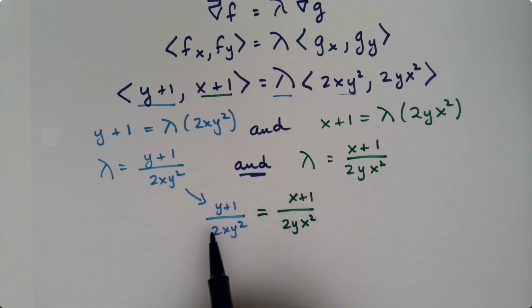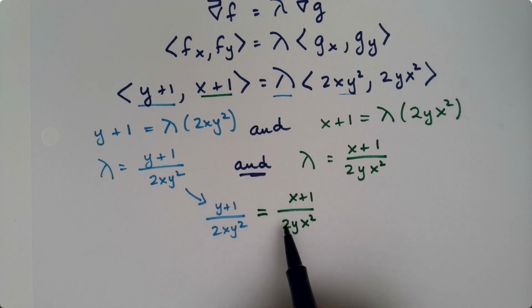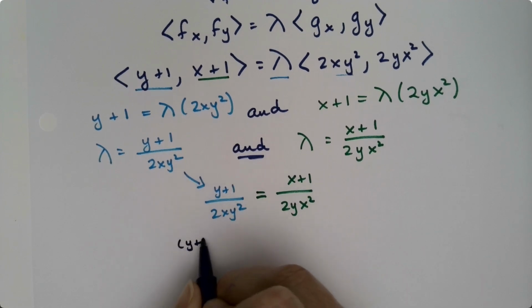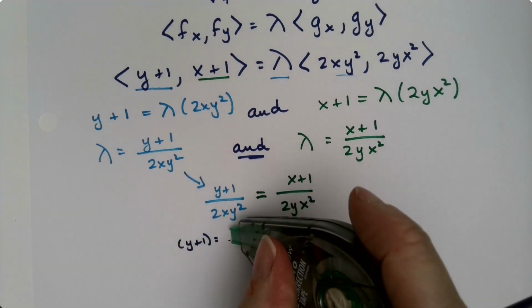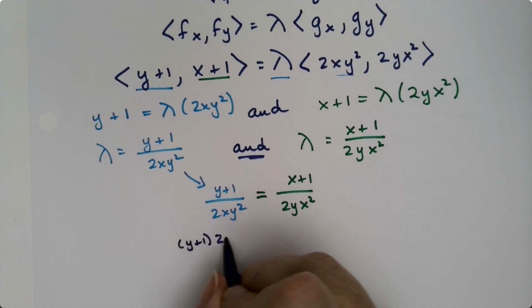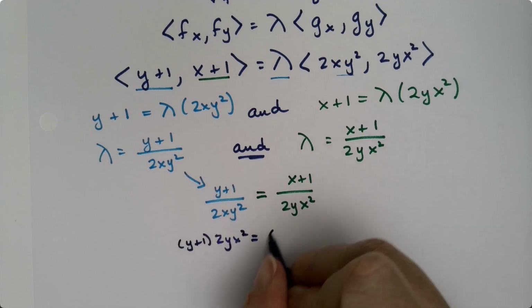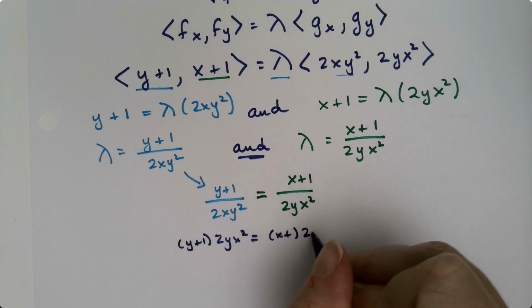So if I cross multiply, I'd end up with y plus 1 times 2yx squared equals x plus 1 times 2xy squared.